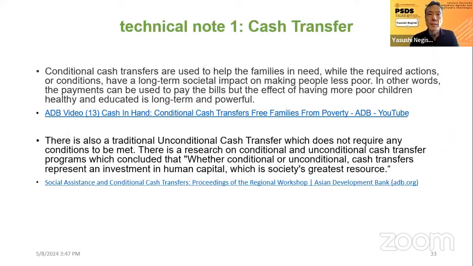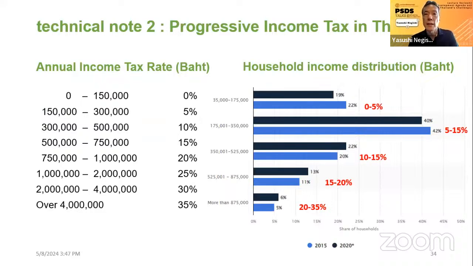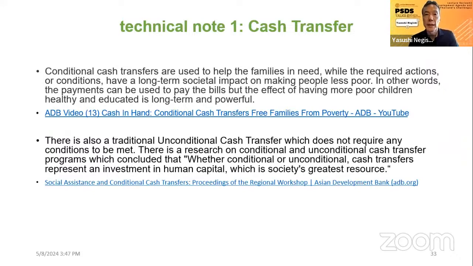I also put some technical notes on cash transfer and progressive income tax for your further study. And just briefly, for cash transfer, there are two kinds: conditional cash transfer and unconditional cash transfer.